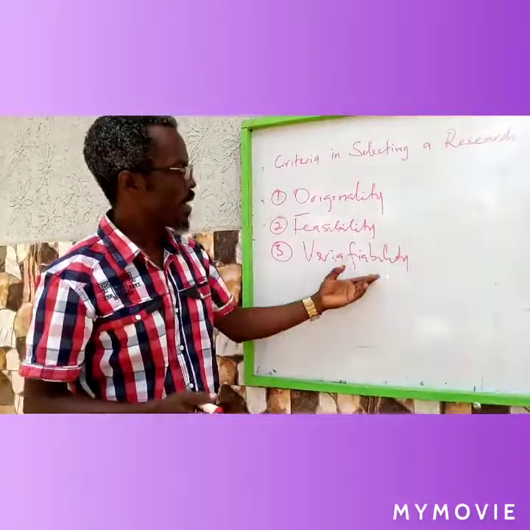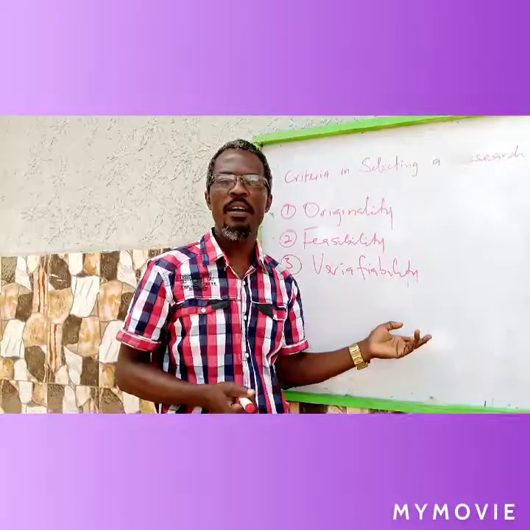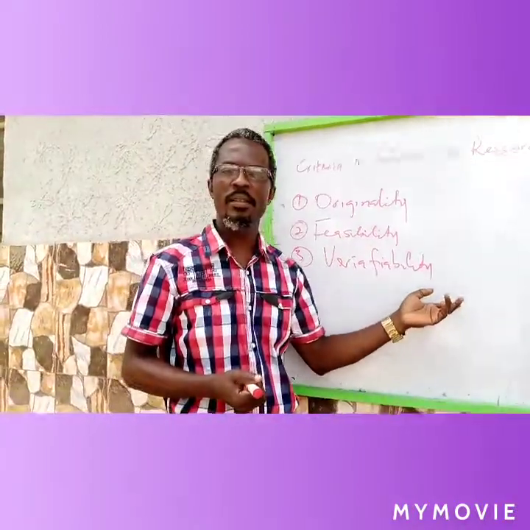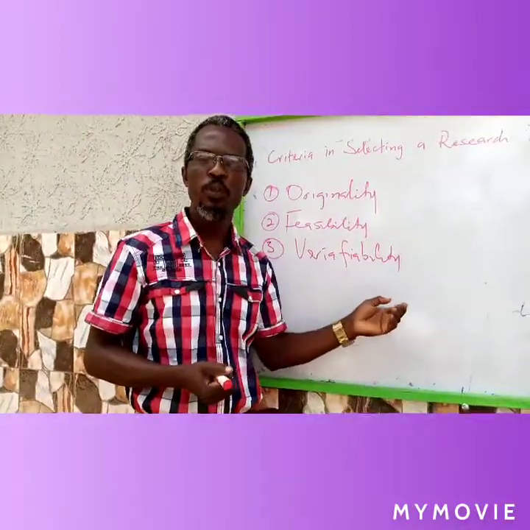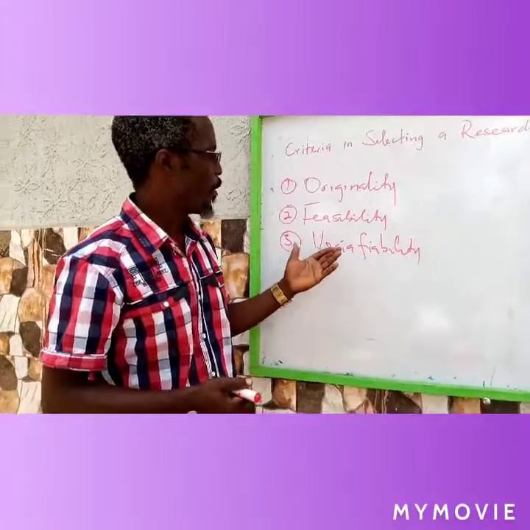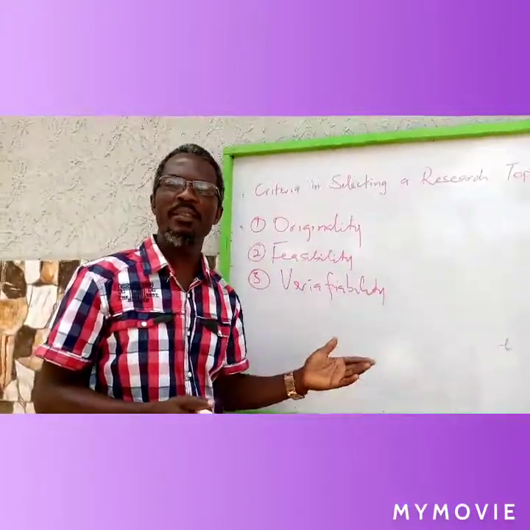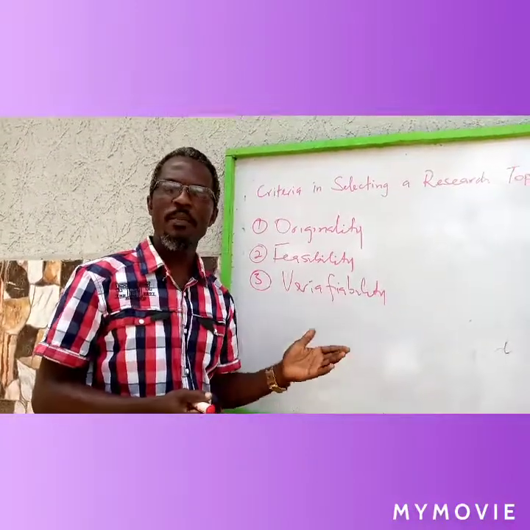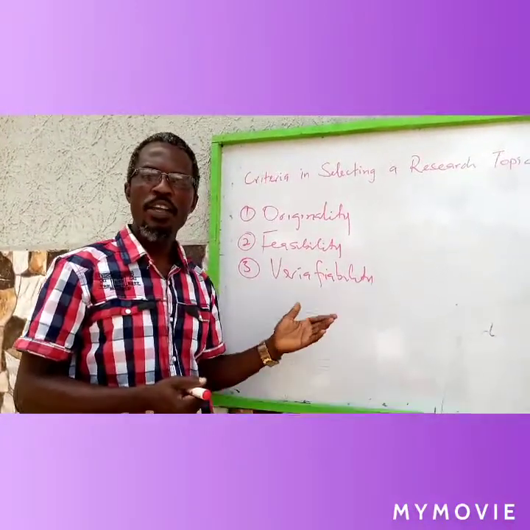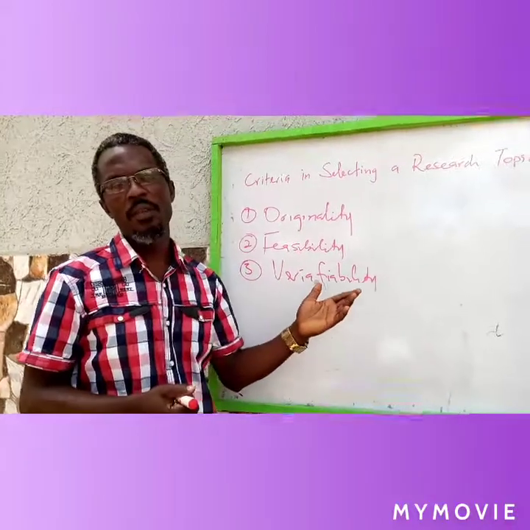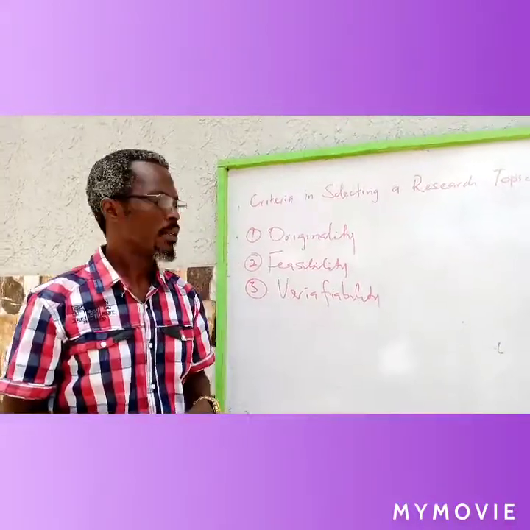So this has to still do with verifiability. So as a researcher, your new topic must be verifiable. When you do it, another person should carry out the same or similar research. He must come out with the same or similar result.